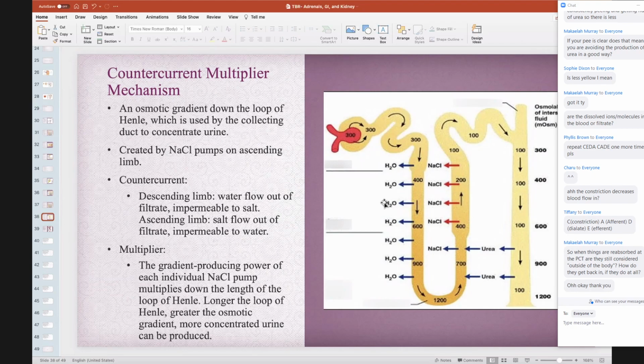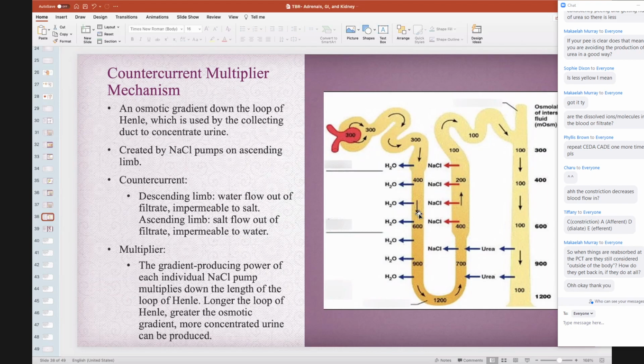And so if we're extracting water from the nephron here, it's going to start to concentrate the filtrate. So as we get here, we have very concentrated filtrate, and we're going to continue to shuttle out sodium chloride, and the water will continue to follow through the aquaporins.